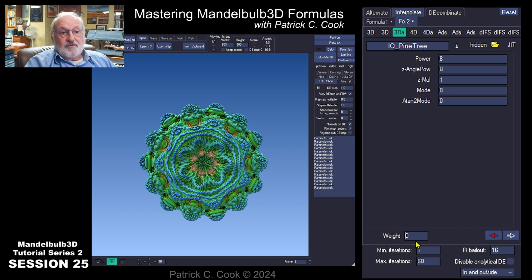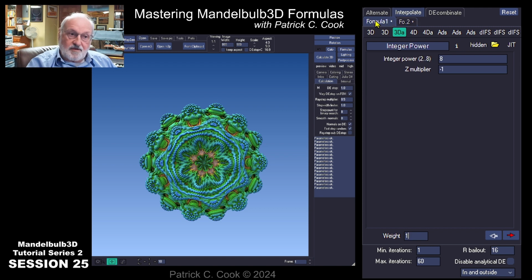Now let's prove this by taking the weight of IQ Pine Tree and setting that to 1. If we go look at formula number 1 now, the weight was 1. So what I should have now is an equal averaging of both of these Mandelbulb objects. They're both mathematically mixed. Let's see what I get.